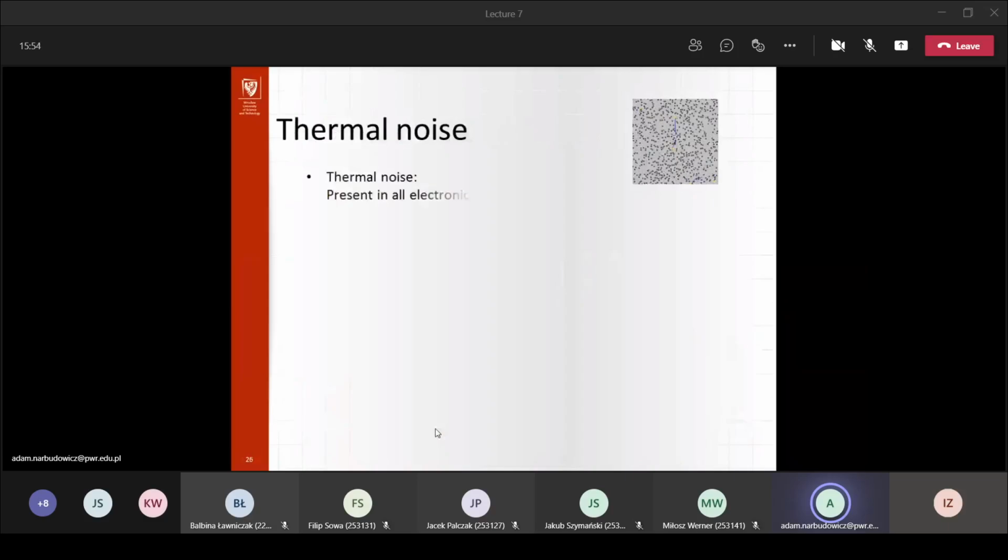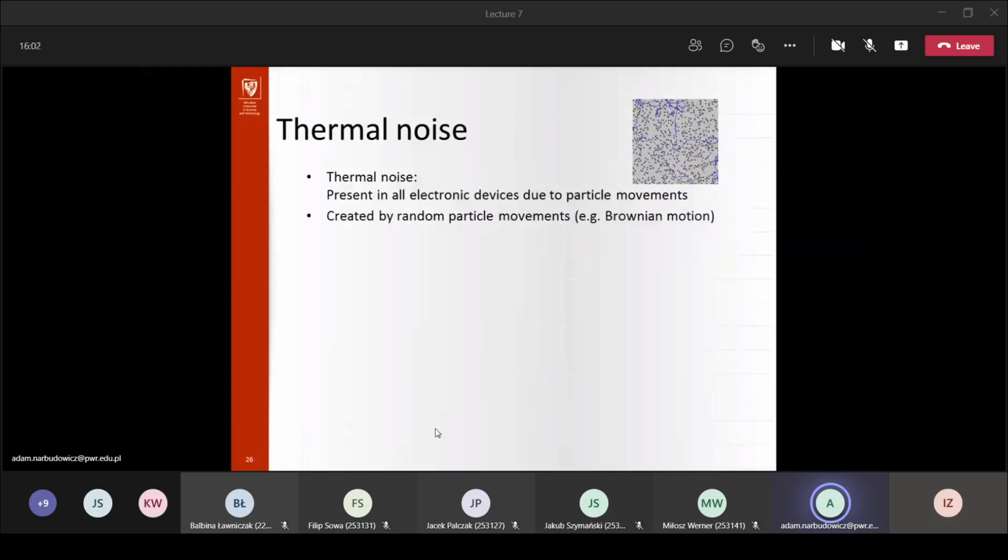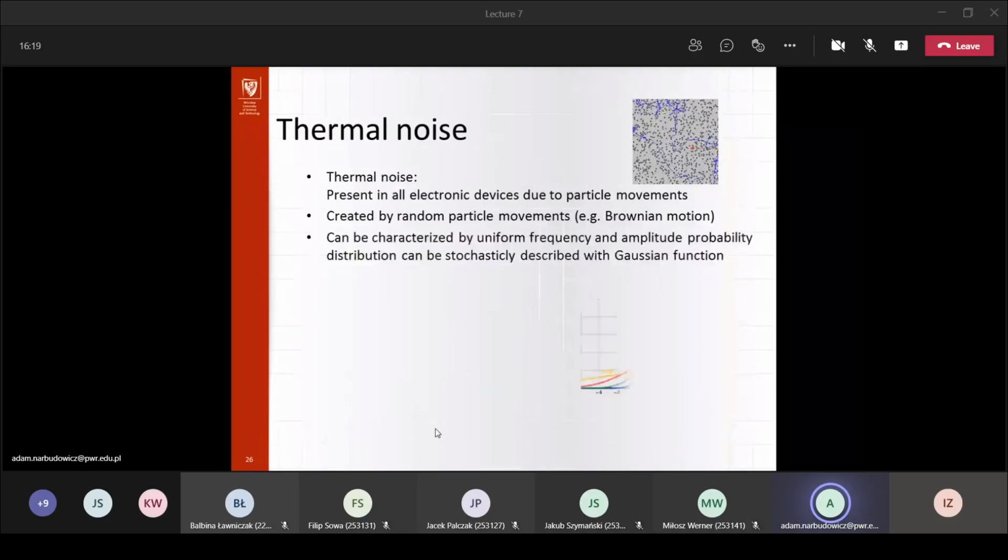Now, another thing I wanted to tell you about in the sense of the radio transmitter is the issue of noise, right? You're familiar with the idea of noise, I guess. It is present in all electronic devices. It's generally created by some random particle movement, so it's like a stochastic process.